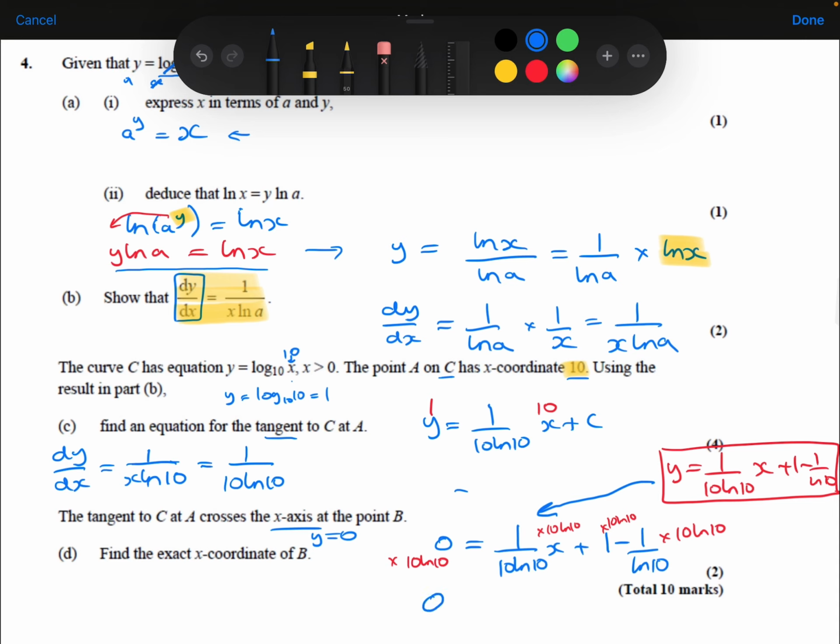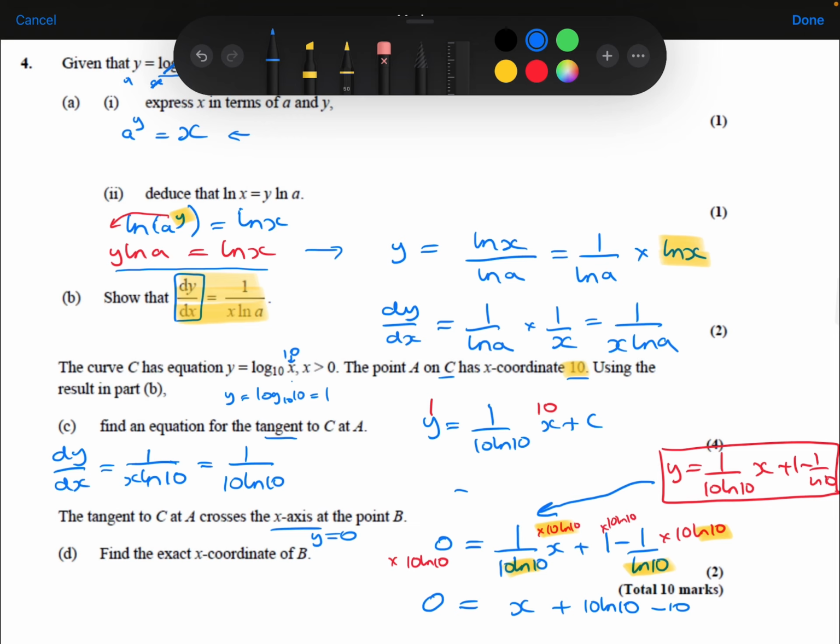So 0 times 10 ln 10 will be 0. These will just cancel out and leave me with an x there. Then we have the 1 times 10 ln 10. And then we have the 1 over ln 10 times 10 ln 10. So they cancel out and just leave me with a minus 10 on the end there.